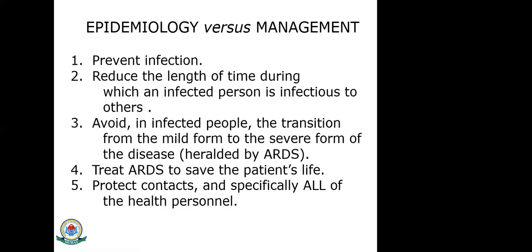This is a challenge for blood banks to collect their plasma, that could be used for passive immunization, that is, to protect from serious disease people who have contracted it. And of course, the treatment of ARDS has to do with intensive care to save the patient's life. And of course, we should protect the contacts and specifically health professionals.